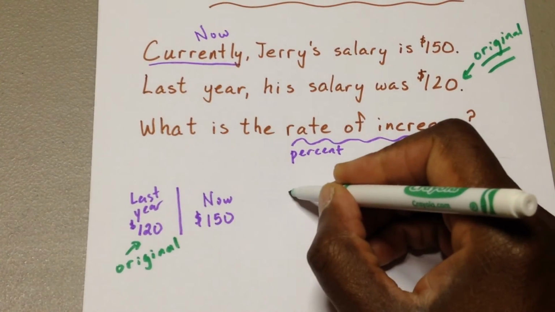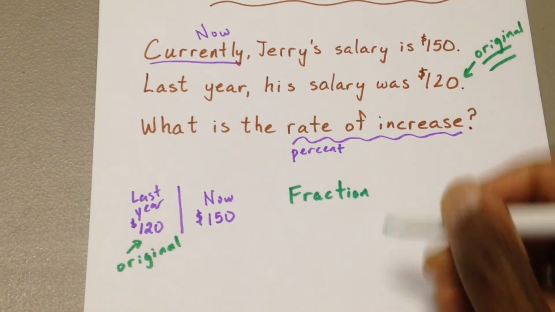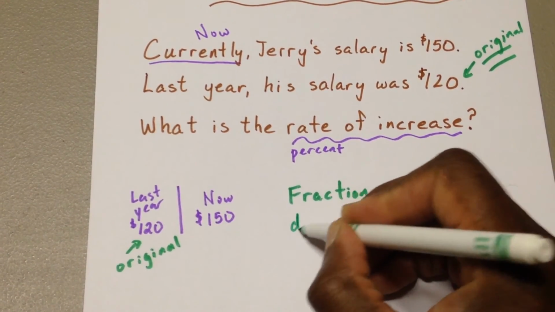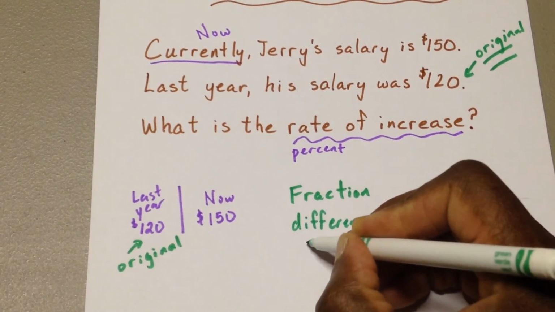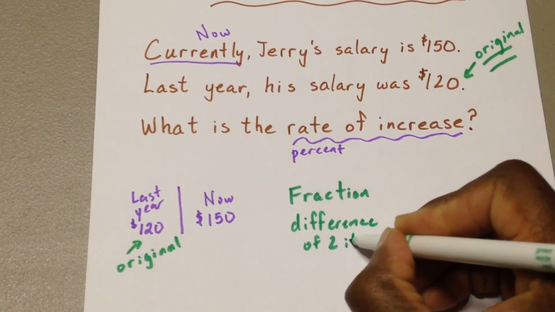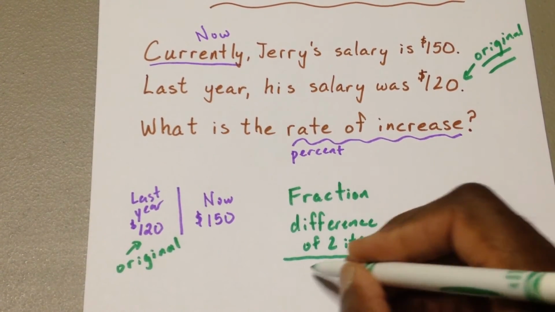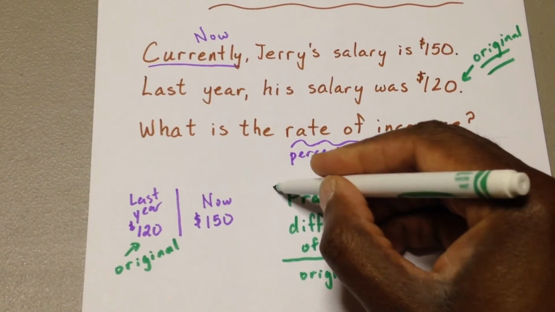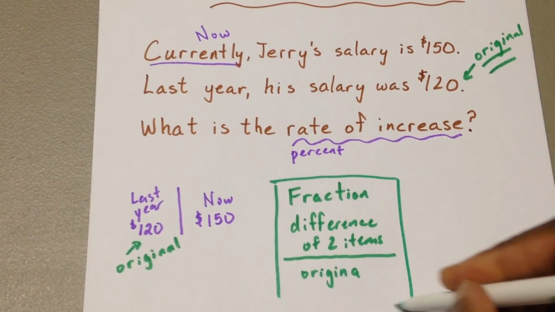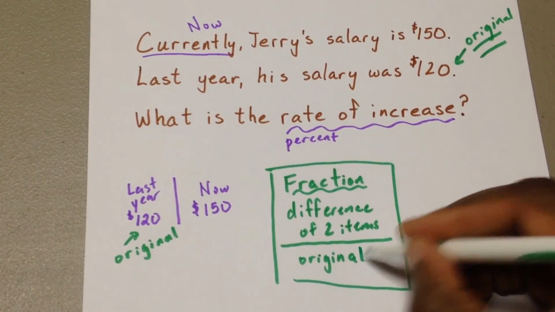Remember, once again, to make the fraction, it's going to be the difference of the two items here, in this case, the salary. And that's going to be divided over whatever the original number is. So the fraction is made up of the difference of the two numbers and the original.